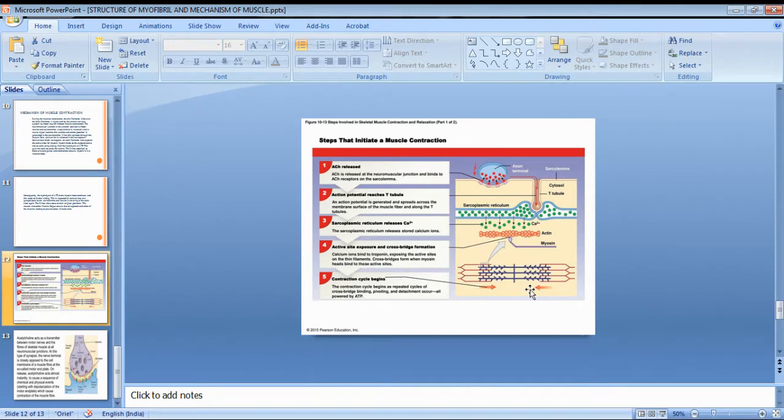The continuous contractions of the myofibrils result in muscle contraction.